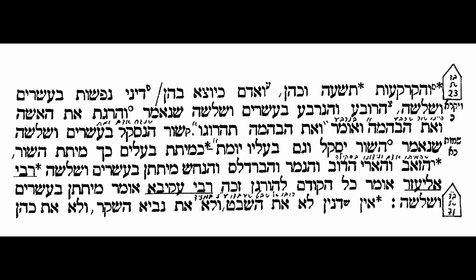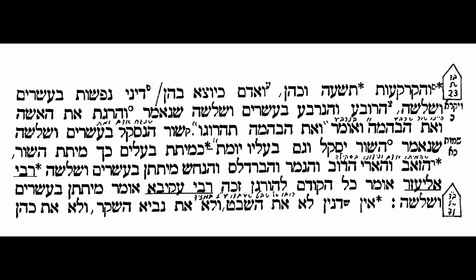Shor haniskal be'esrim ushlosha. This is the case of an animal that gored a human being and killed the person. The goring animal is subject to death by skila, stoning. It's judged by 23. You may be raising an eyebrow, as it's interesting that an animal is subject to a court of 23.